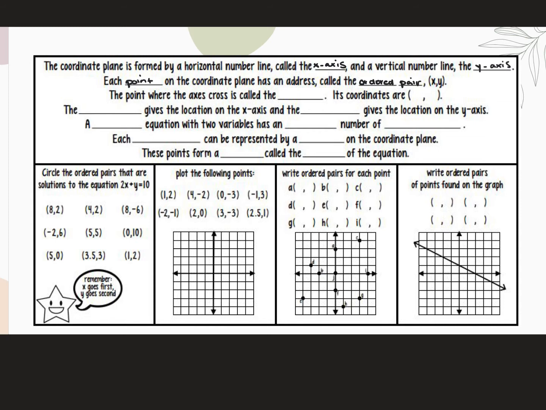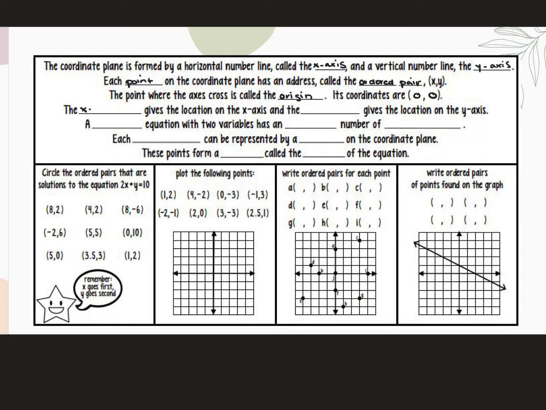The point where the axes cross is called the origin. Its coordinates are 0, 0. So the x coordinate 0 and the y coordinate 0.